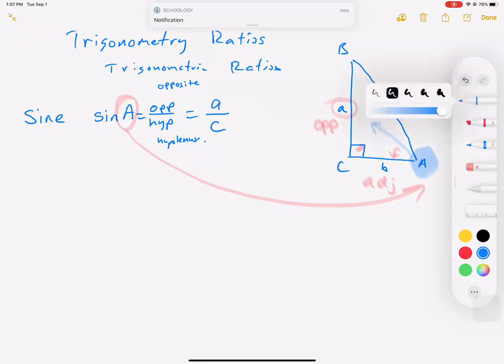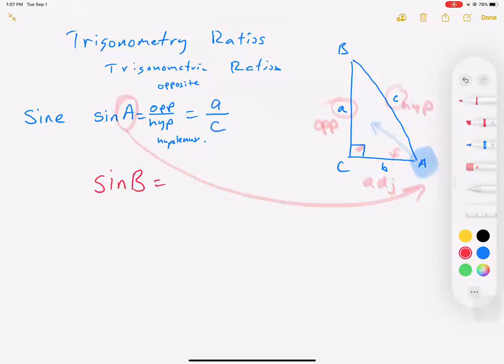Let's change this and write a different one. What is the sine of angle B? Now what side is opposite of angle B? That's going to be the side over here. It's the side that opens up to it. So angle B is in this corner, and the side that opens up to it is this one.